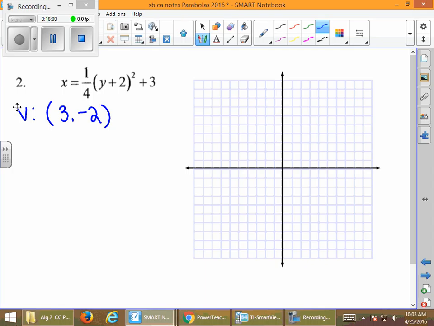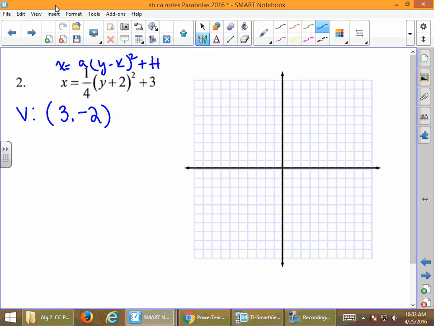So if you look at the format, this is x equals a times y minus k quantity squared plus h. So that's where I'm getting the value. So h, k is always the vertex, and as we move into the other different conics, or even if you think back to circles, the center of a circle is h, k.